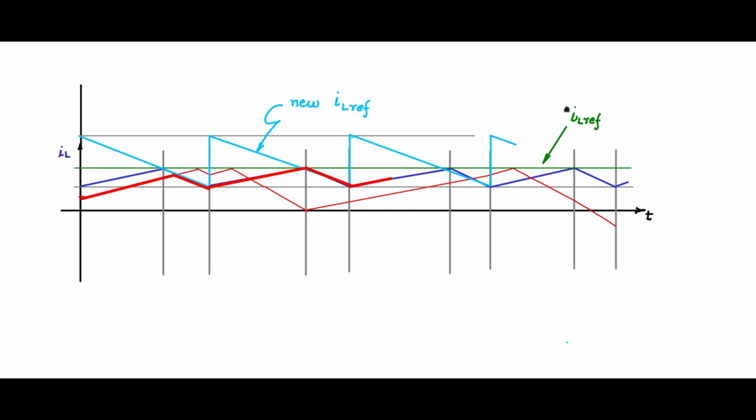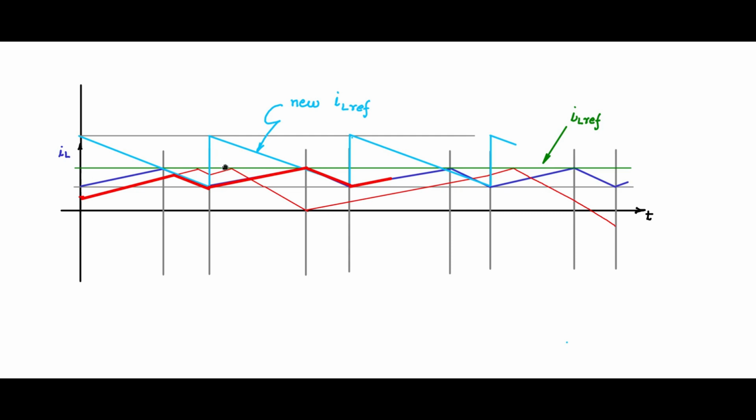Now this was the old IL ref. To this old IL ref, you have to compensate and see that you have this kind of a slope. So this is called slope compensation. So current control with slope compensation will give you the best results, where even if there are errors, the errors will be removed within a cycle and the system will be stable.